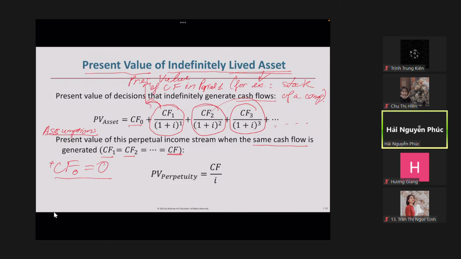We will have cash flow only from the next year. Based on these two assumptions, we can say the present value of an infinitely lived asset, here the present value of a perpetuity, is equal to the cash flow of each period divided by the interest rate.